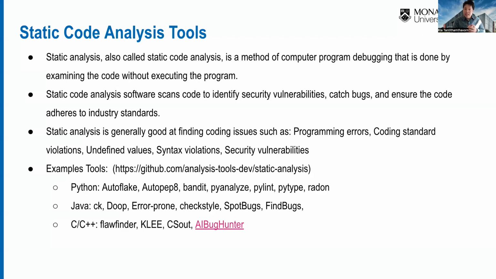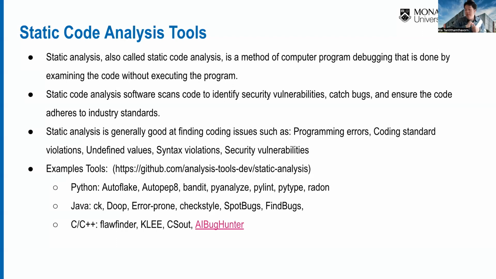So when we use this kind of tool, it just analyzes the code statically. They don't execute it, okay, statically. Look at the code, look at the flow, look at the abstract syntax tree.